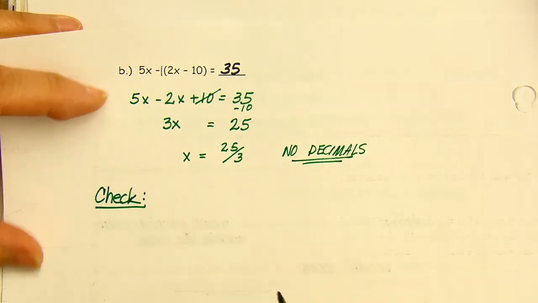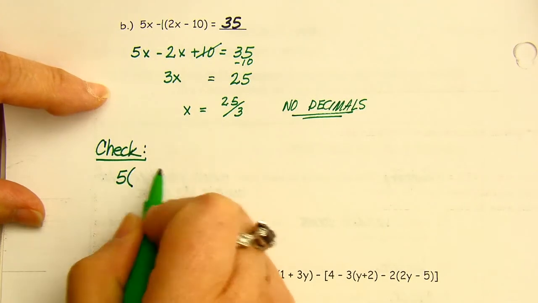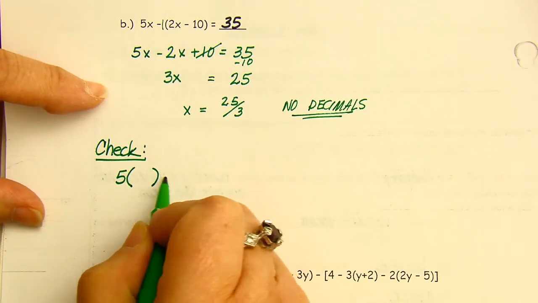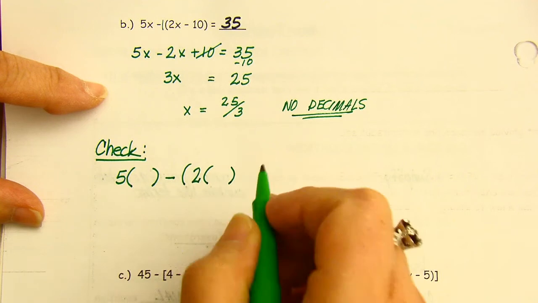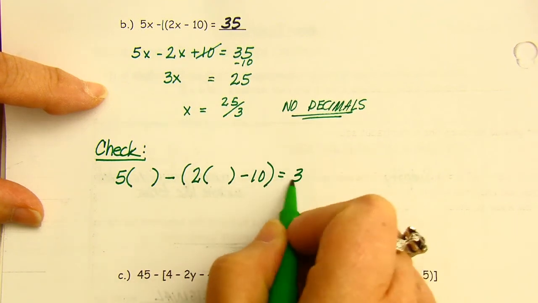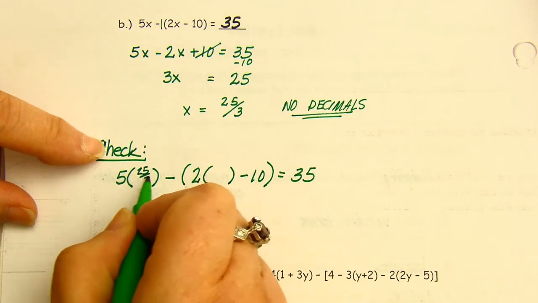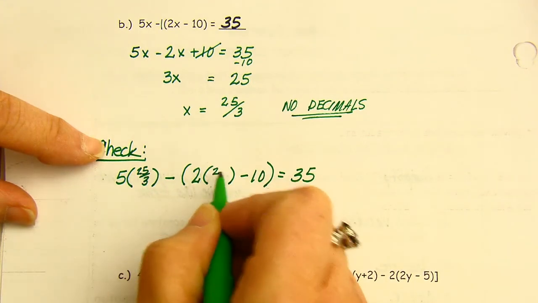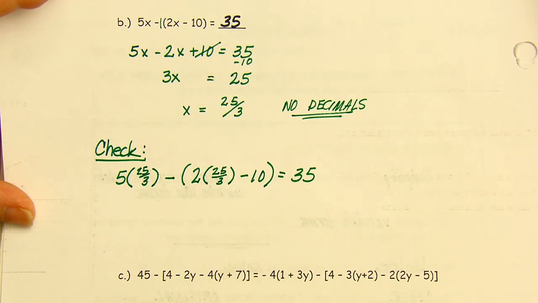So 5 parenthesis for x, subtract parenthesis 2 parenthesis for x, subtract 10. Does that equal 35? My fraction is 25 thirds. See, if you get the decimal and you put it in here and you're rounding, it's not going to give you an exact 35.